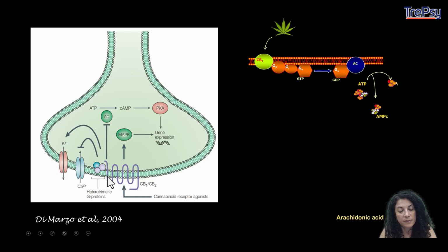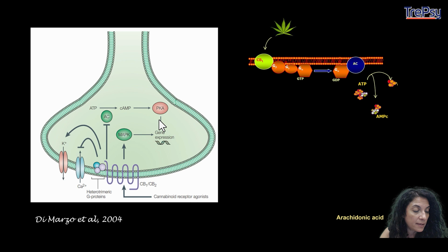So the cannabinoid receptors are in the presynaptic part of the synapse, and when the cannabinoid receptor CB1 or CB2 is activated by an agonist, they block adenylyl cyclase and block the protein kinase, preventing neurotransmitter release.